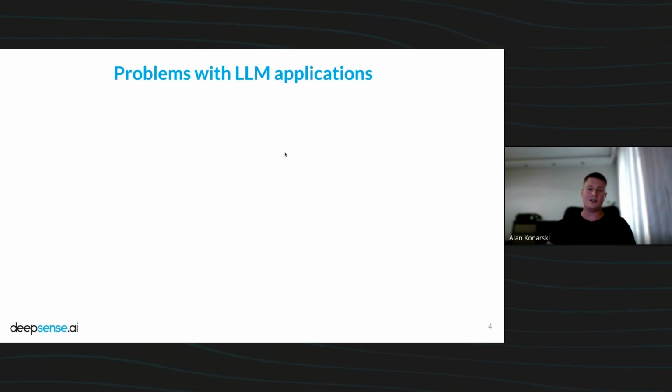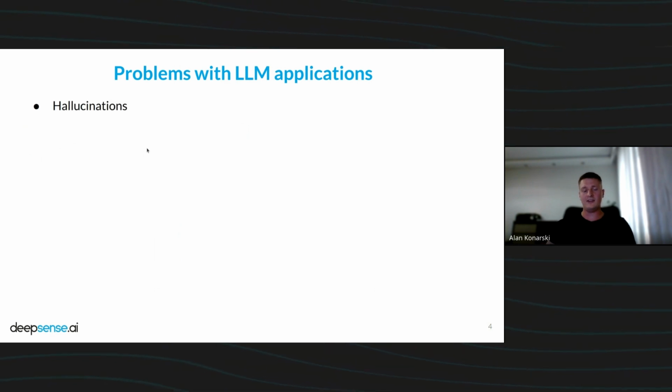But these applications, and LLMs in general, are pretty new, and we can encounter many issues with them. The first such issue is hallucinations. This is when the model makes up some information and tells us something that is not true.